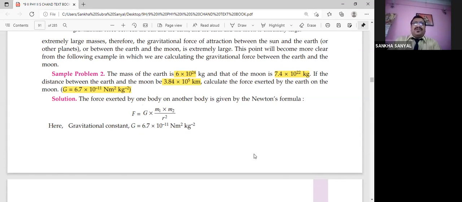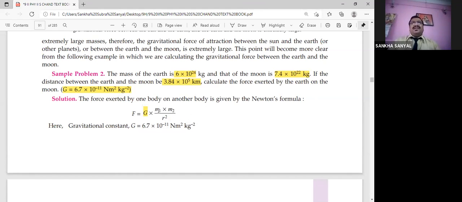We put over here whatever values we have got. The value of G is 6.7 into 10 to the power minus 11 Newton meter square kg to the power minus 2. Isn't that what we have? We just put that value of G over here. What is the value of M1?